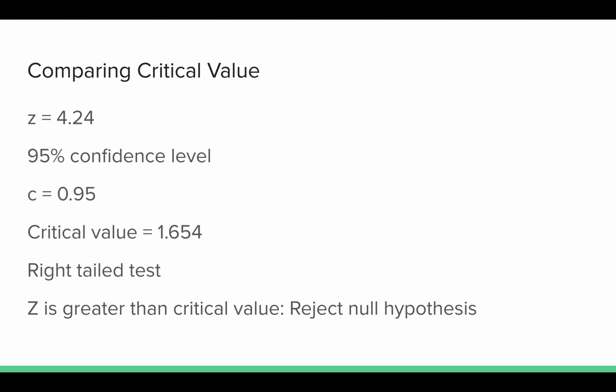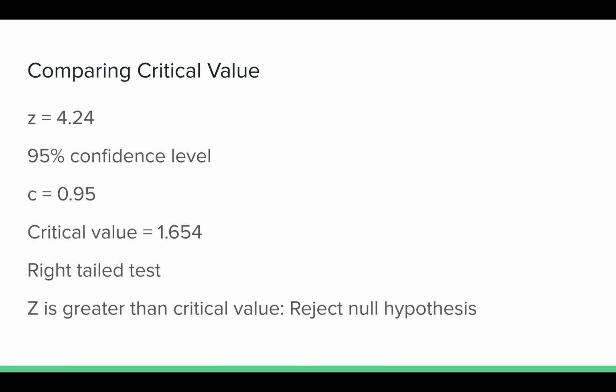Now you have to compare z to the critical value. So we take our confidence level, which is 95% or 0.95, and we use it to find the critical value on the critical value chart for z-scores. And you find that the critical value for the 0.95 confidence level is 1.654.